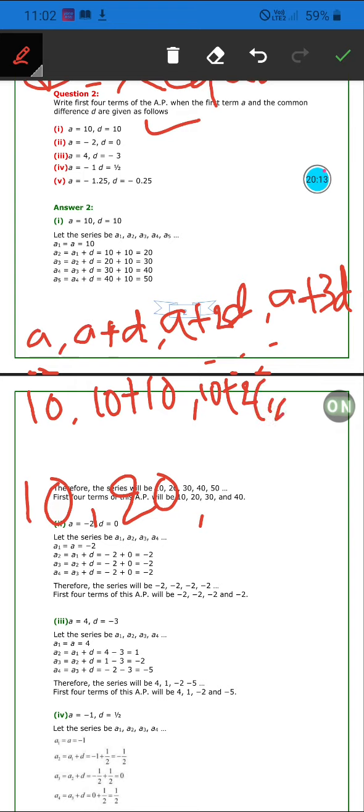What does it become? 2 into 10, 20. 20 plus 10, 30. The value of this becomes 30. So the next, fourth term becomes 40. So we can easily guess the next numbers.